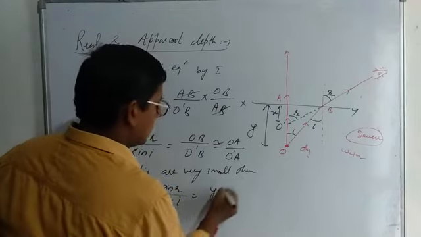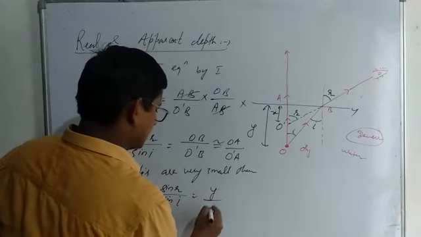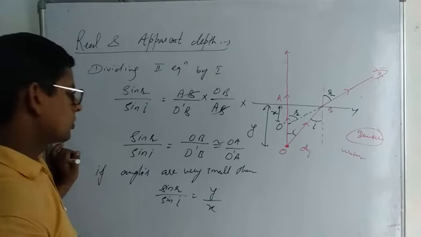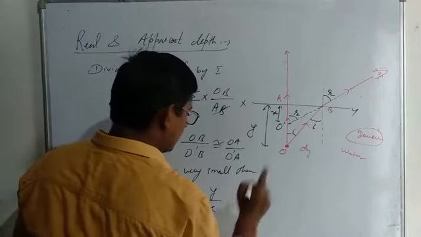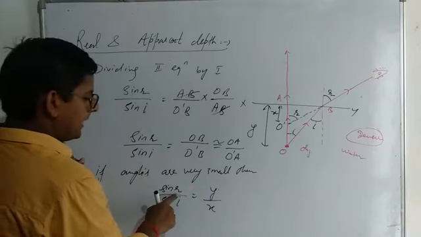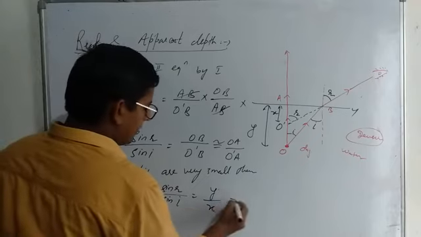That is Y. And what is O dash A? That is X. Clear?